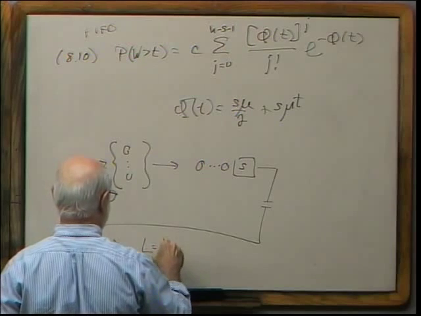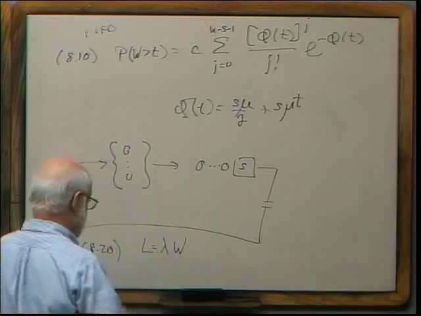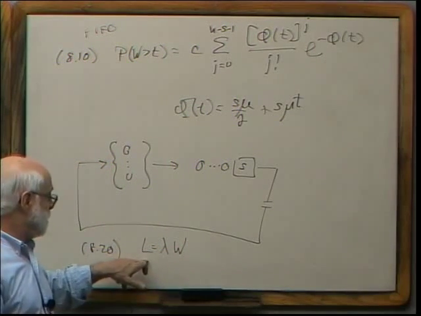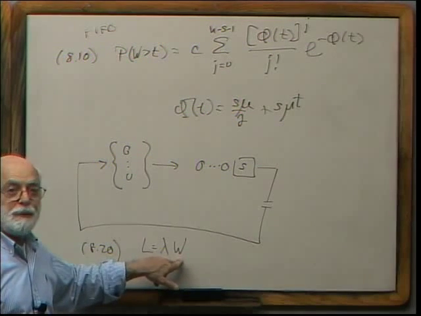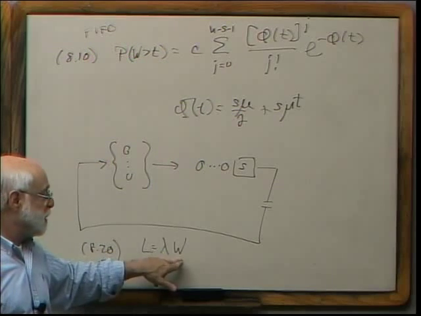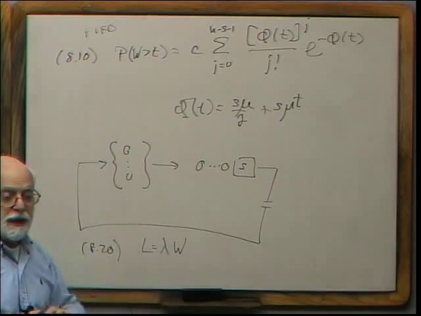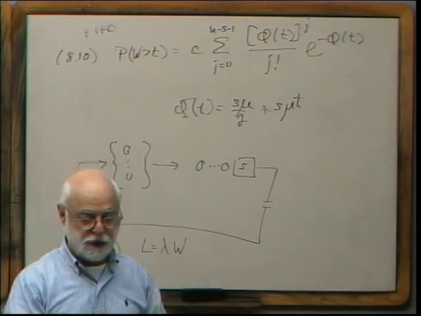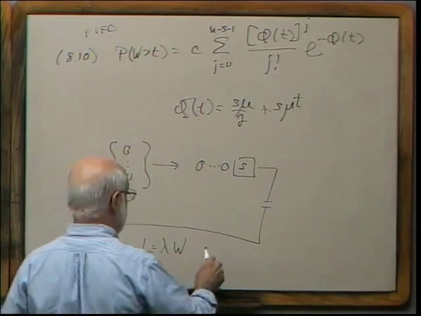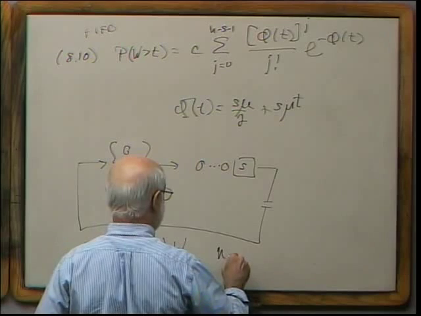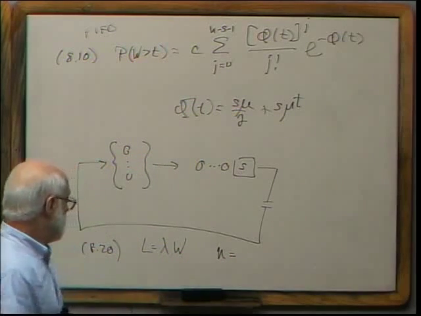That is, the average number in system is equal to the rate at which you enter the system times the average time you spend in the system. That's Little's theorem. It has nothing to do with the underlying distributions. That's its beauty. Now, let me write that. L is n, the number of sources. It's not just the average number, it is the number.